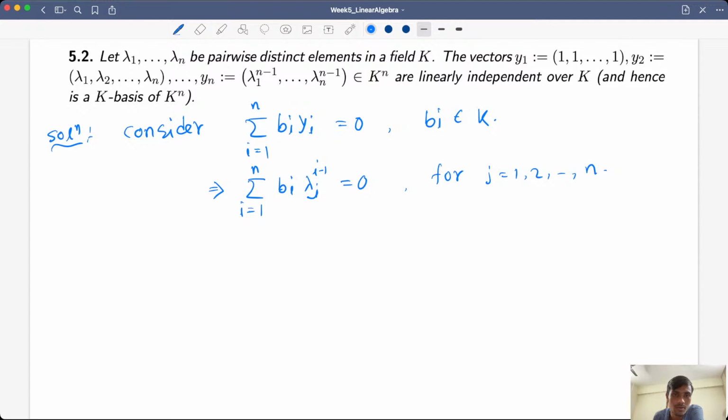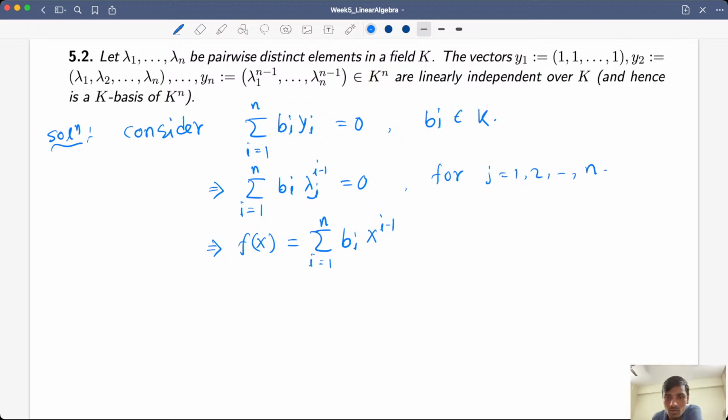Now this is saying that if you consider this polynomial f of x, the sum of b i x to the power i minus 1 for i equal to 1 to n, this is at most an n minus 1 degree polynomial over k.